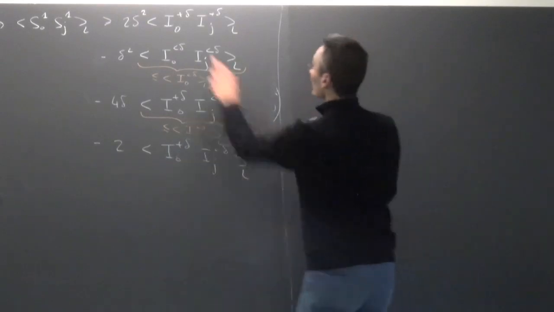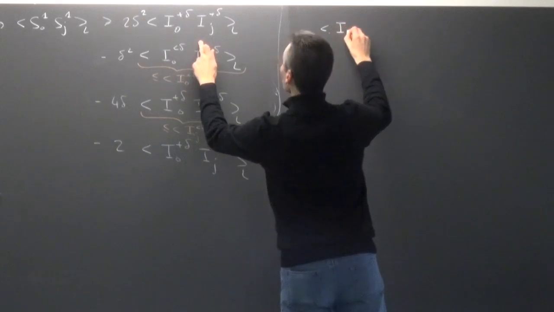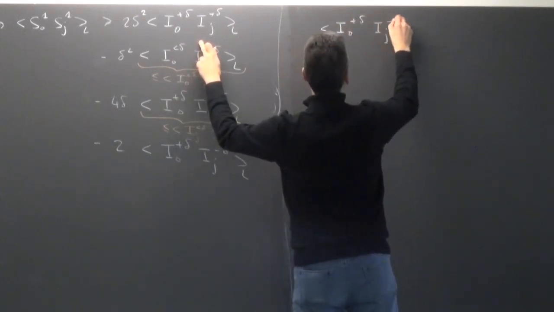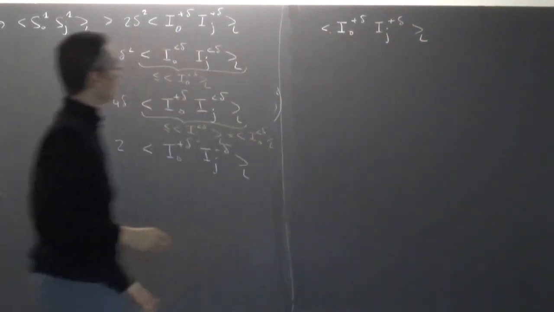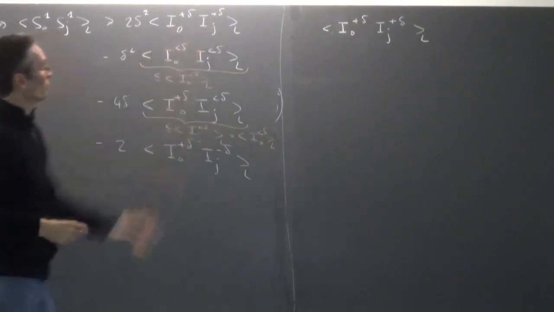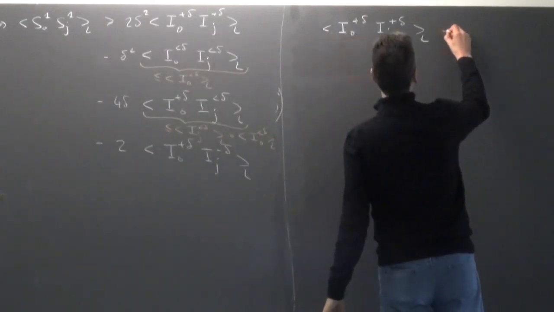So let me just look at this guy. I0 plus delta, ij plus delta. We expect it to be something typical, mostly 1, or 1/2.